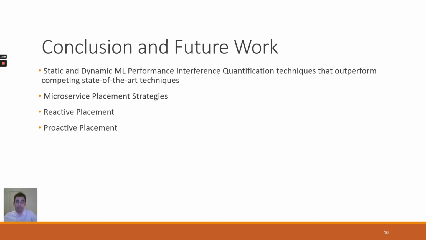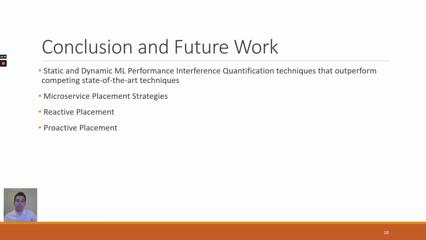Quantifying the potential impact of microservice co-location provides a meaningful signal to drive suitable microservice placement. Placement strategies can be reactive in that if the level of interference as reported by our dynamic ML interference modeling technique is significant for two co-located applications, one of the applications could be migrated to another virtual machine that is better suited.